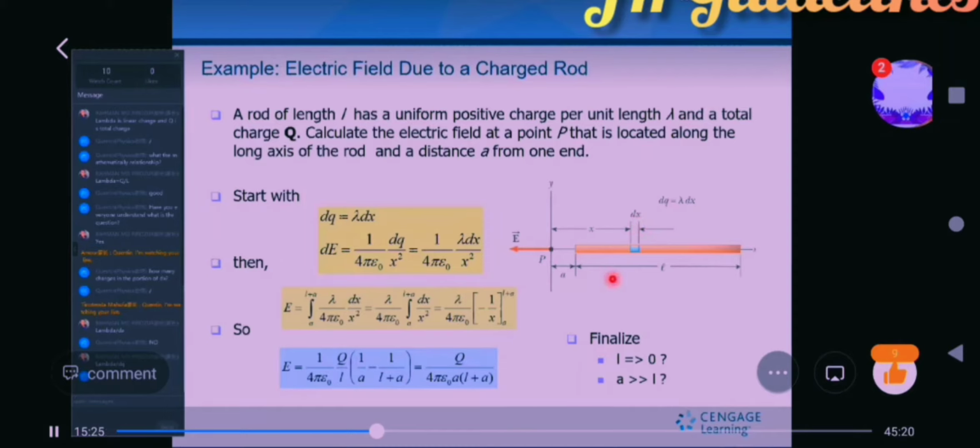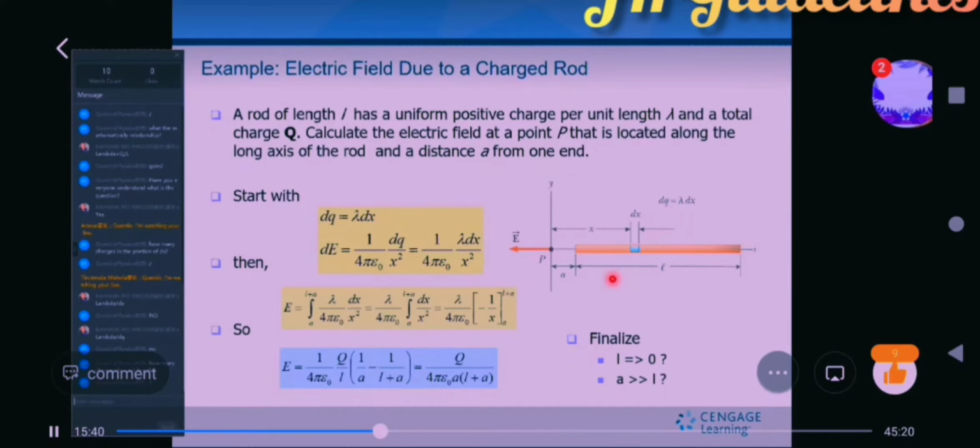How many charges for unit length? Yeah, answer me this question first. Raman, answer this one first.